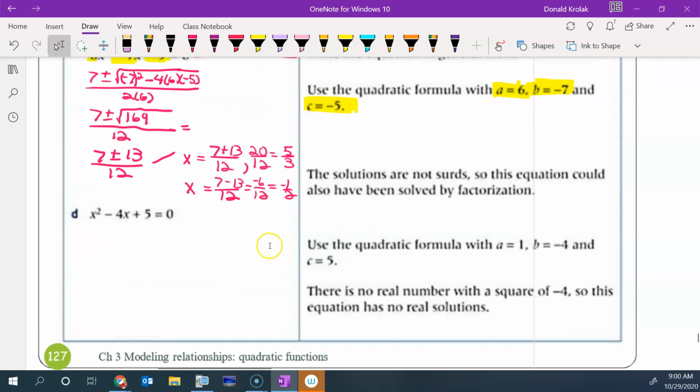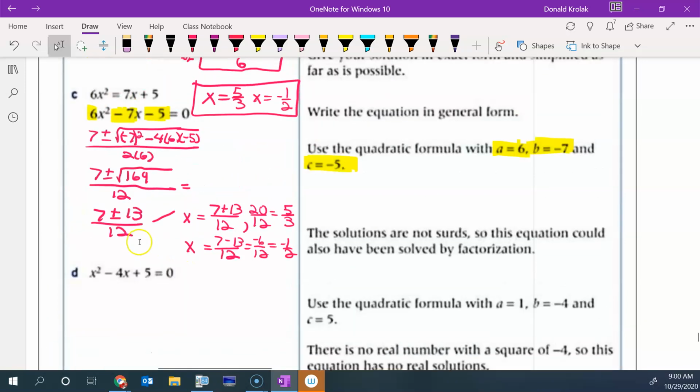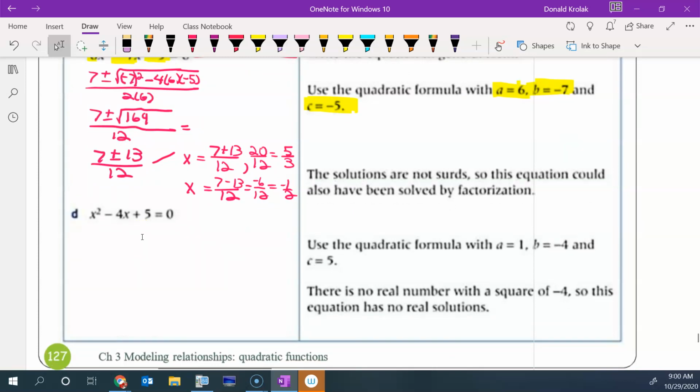Okay, now the one I really wanted to get to was this last one, because something weird happens with the discriminant. Now, by the way, where it says here the solutions are not surds, what the heck is a surd? It's just another name for a radical. I didn't make this part.